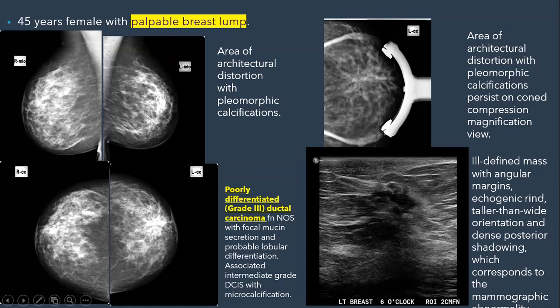Any patient who has a palpable abnormality, and you could not see a specific abnormality on your imaging, or you could see a subtle abnormality at the location of the palpable abnormality, take it seriously. Since there is a palpable abnormality, you have to explain why she has it.